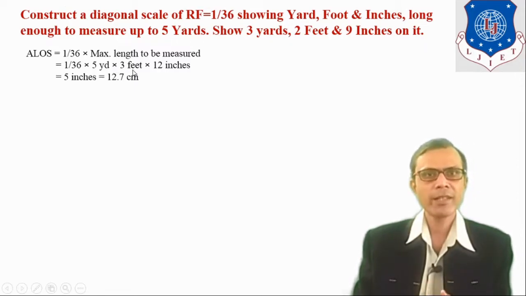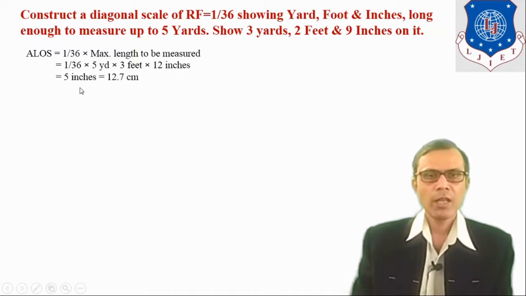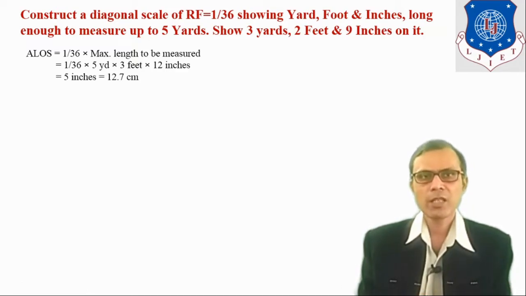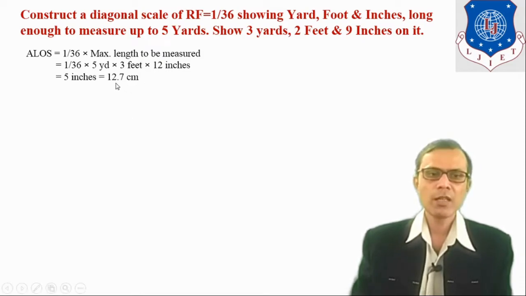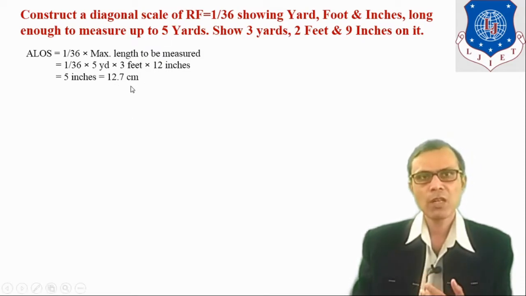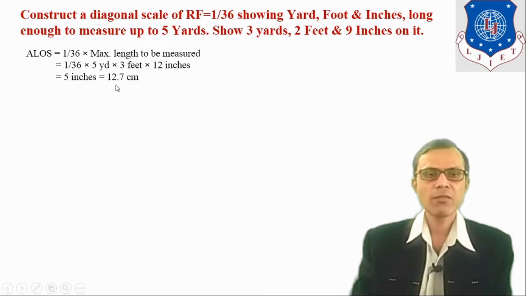So we get the answer in feet. And 1 foot equal to 12 inches. So if you multiply by 12 inch, then you will get the answer in inch. Now, actual length of scale is 5 inch. And if we convert it into centimeter, then 5 inch is equal to 12.7 centimeter. Or if you want to convert it in millimeter, then it is 127 millimeter.